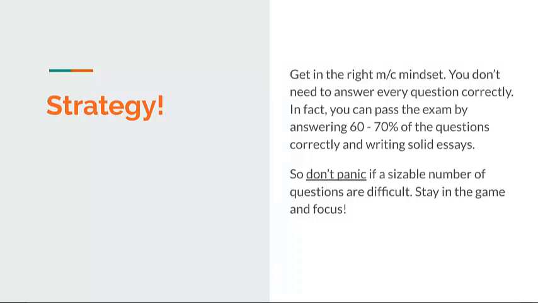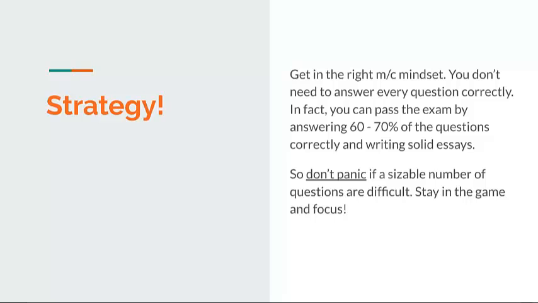If you're starting to worry, try to feel more confident in the fact that you're doing your very best, you're going to answer every single question to the best of your ability, and you're going to stay in the game and focus on answering each one.